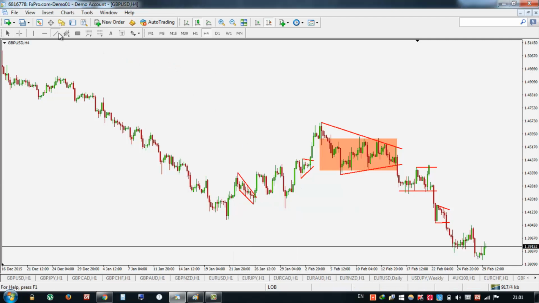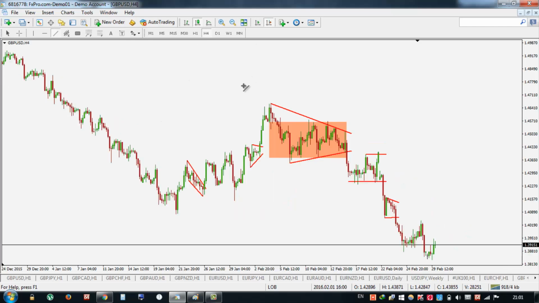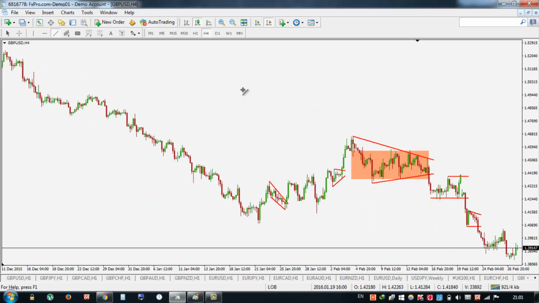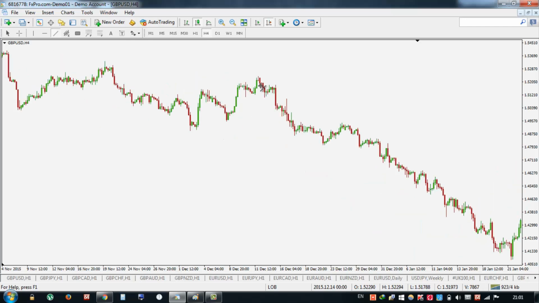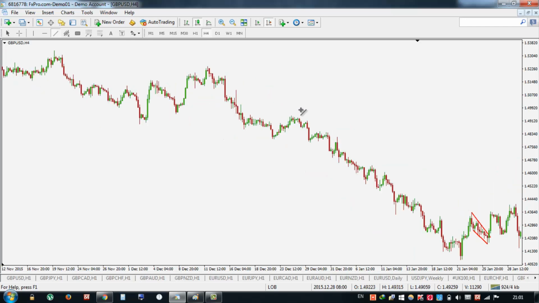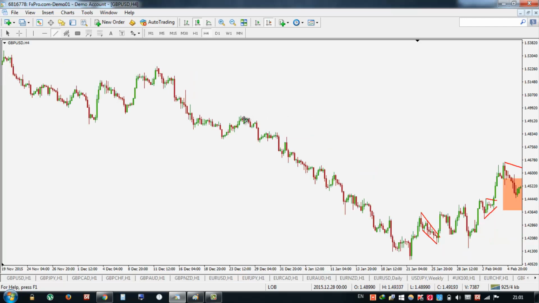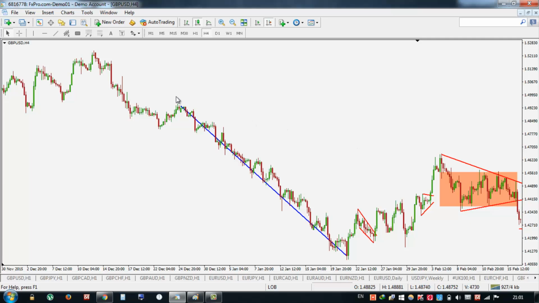So now we can draw blues and see if we can find anything. Once again, just connecting dot to dot. Is this going to be a flag formation? Could this be a pole? This would be the pole, and perhaps a... doesn't look like it, to be honest. Nope.